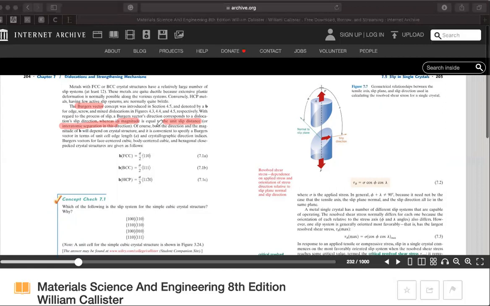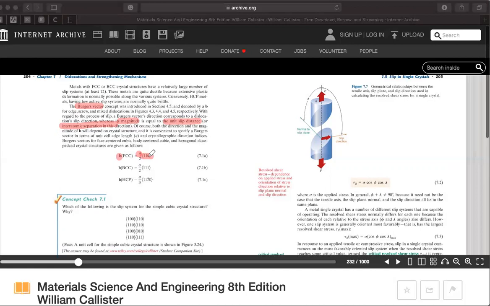If you remember, last time we talked about the unit slip step, that equals the interatomic separation between two atoms. So we can correlate B, the Burgers vector, for each crystal structure with the edge length of that crystal structure and the direction of the slipping.